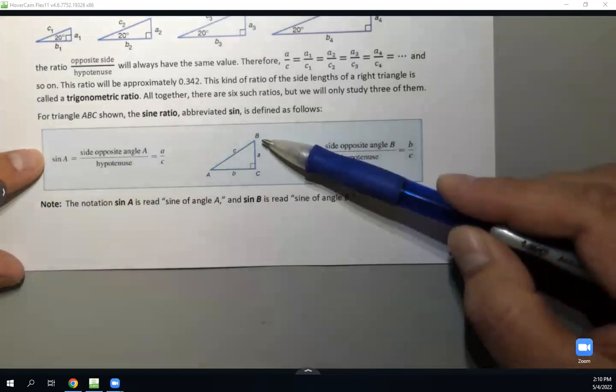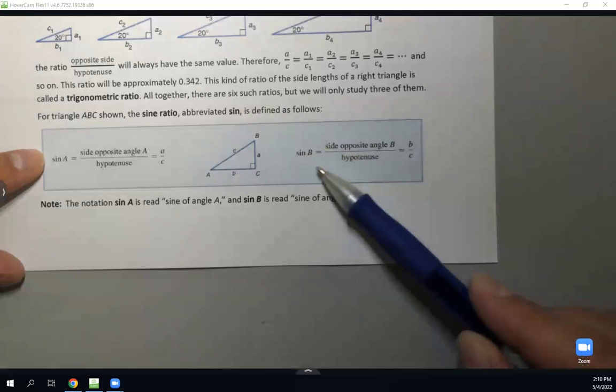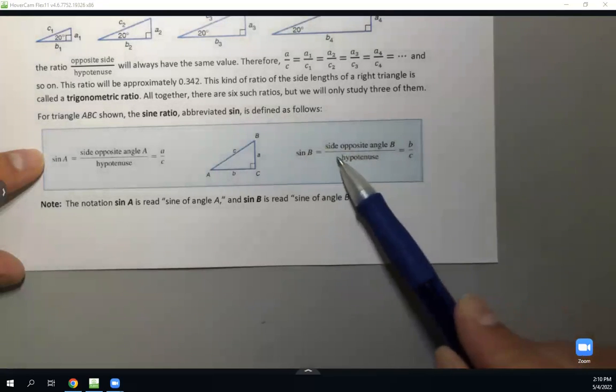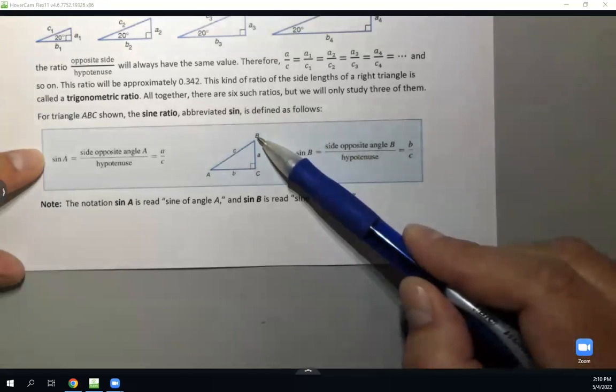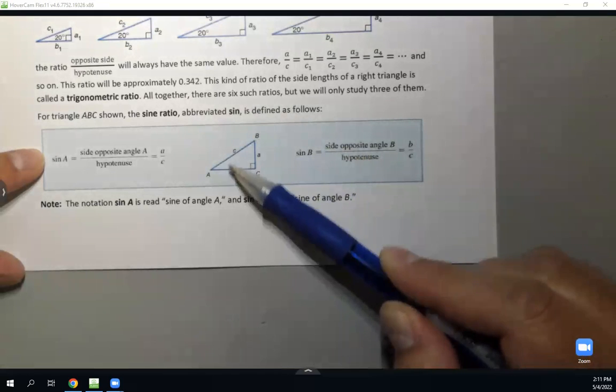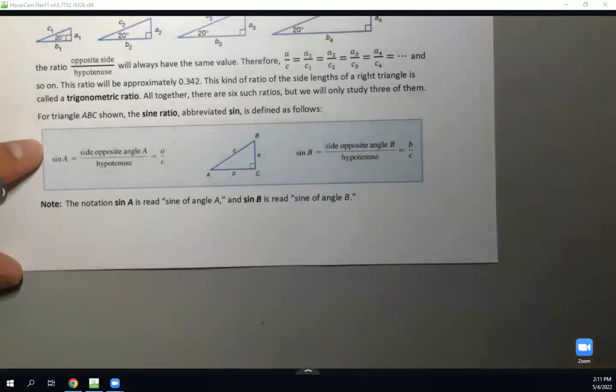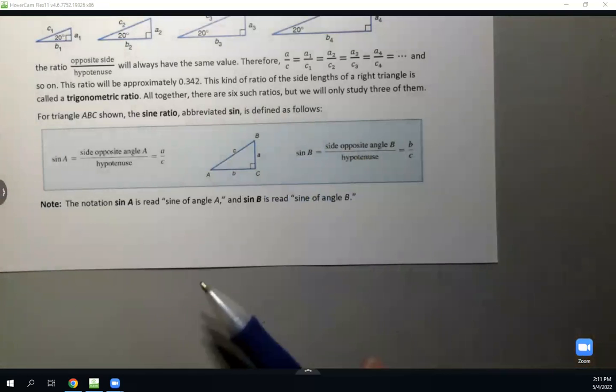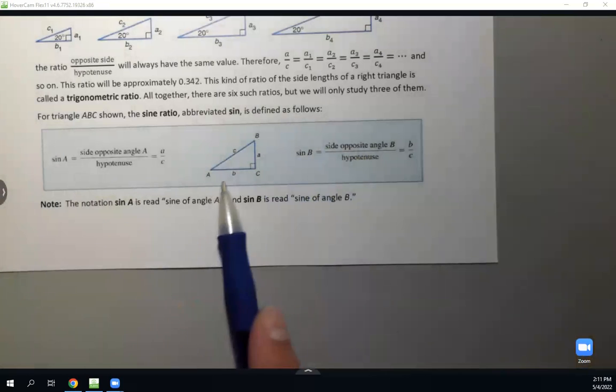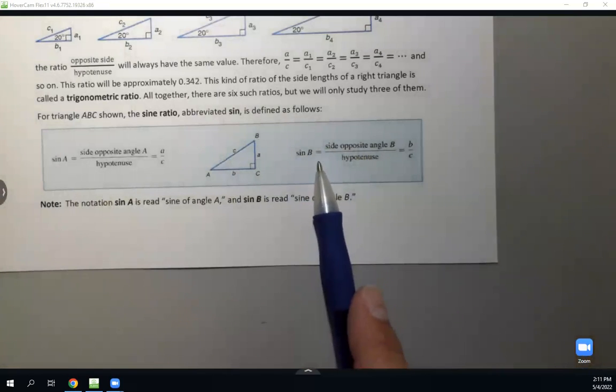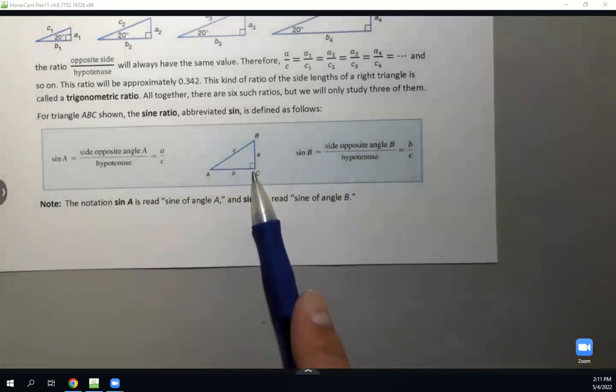Same triangle, but if I look at angle B, the sine of angle B is the side opposite angle B, which is B, over the hypotenuse, which is C. Does that make sense? Okay. So we've defined the sine of angle A and the sine of angle B. We're not going to do the sine of angle C because that's the 90-degree angle.